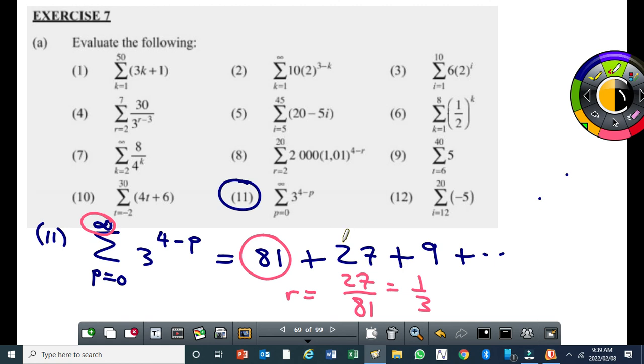So we have got our three terms there. The first term is A, which is 8 to 1. The common ratio is 27 over 8 to 1, which is a third.